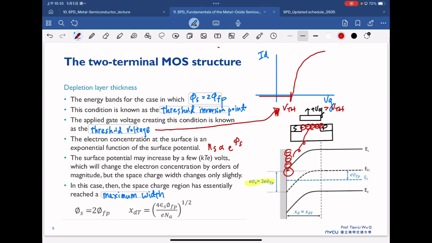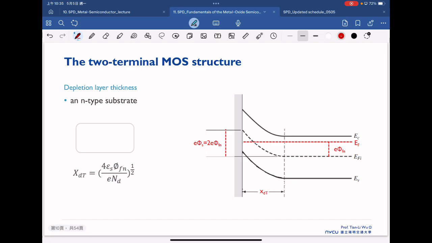So similarly, we can make the same analysis on an N-type substrate, where our phi s is equal to 2 phi fn. Then also our phi fn is equal to Vt natural log Nd over ni.